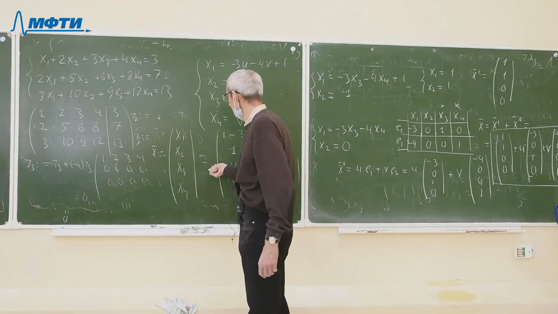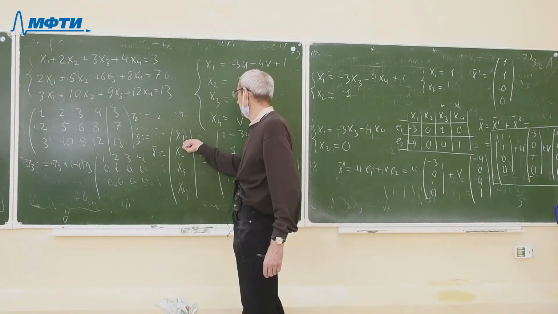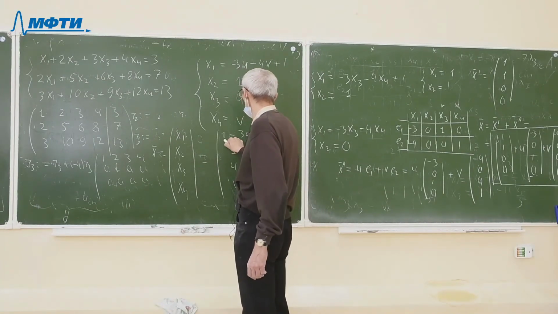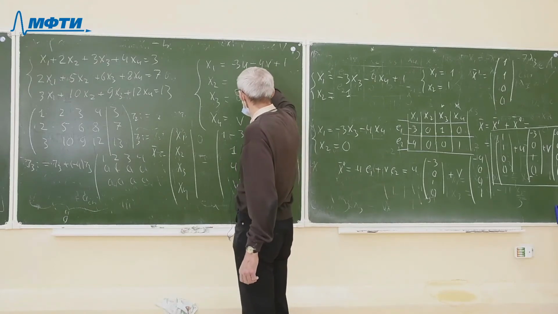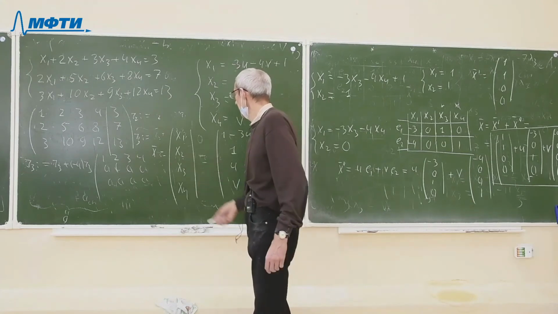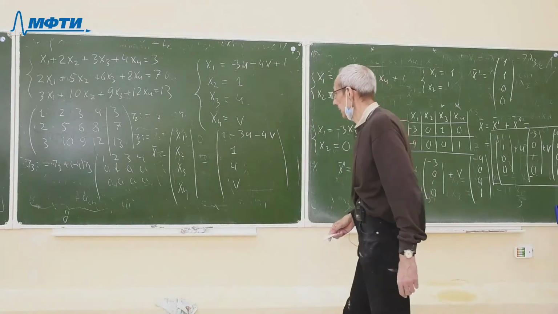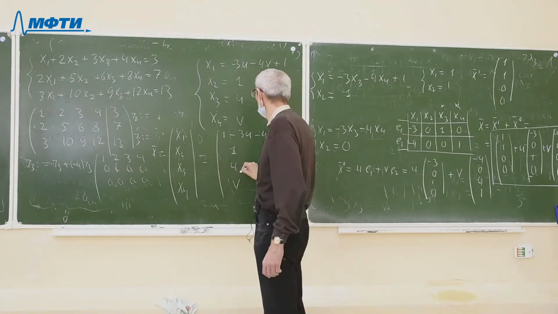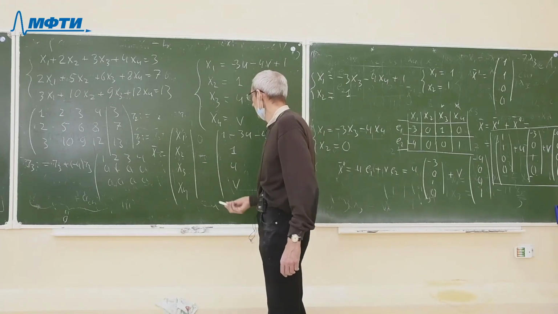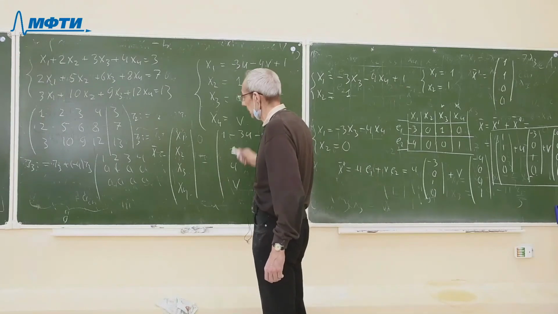This means that x1 is equal 1 minus 3u minus 4v, the first equation. The equality for the second component, x2 is equal 1, the second equation. x3 is equal u, the third equation, x4 is equal v, the last equation.